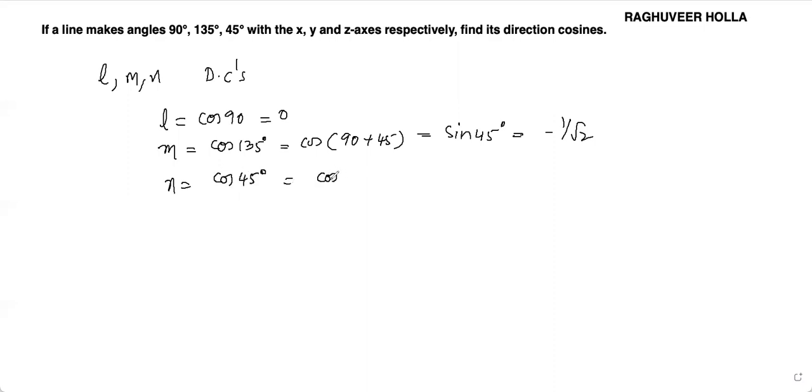So cos 45 degrees is 1 by root 2. Therefore the direction cosines are 0, minus 1 by root 2, and 1 by root 2.